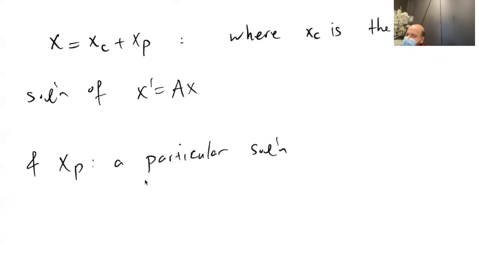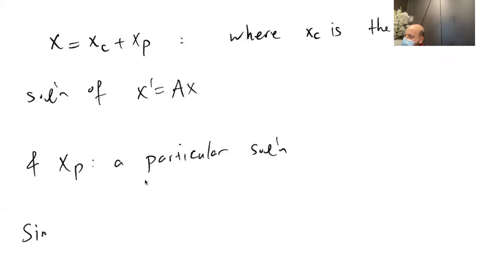Now again, we already know how to find xc. Now the question is, how do we find xp? To find xp, we can use the similar methods that we used before, which were undetermined coefficients and variation of parameters.